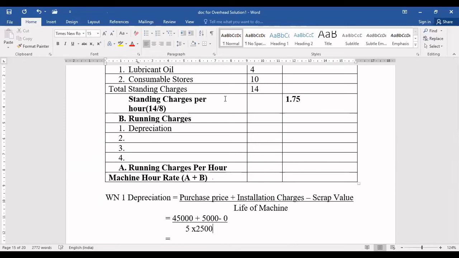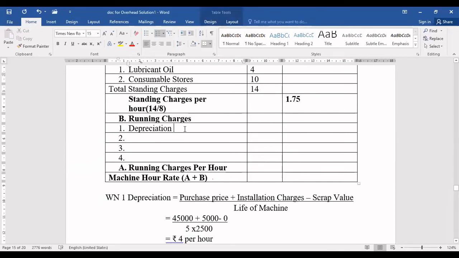When you solve, you'll get rupees 4 per hour. Yes or no? Yes, sir. So I will write depreciation as working note number 1 as rupees 4. Understood everyone? Yes, sir.